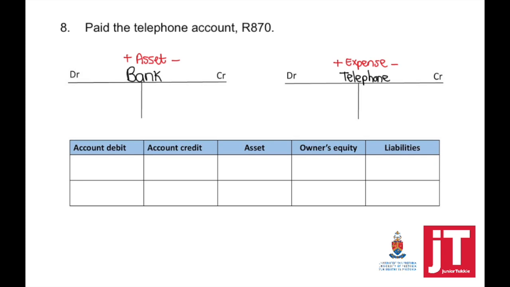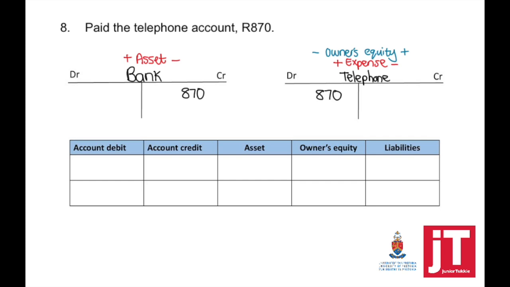So again, make sure that you understand your theory. Because if you don't understand it, then you're going to find the application of that very difficult. Remember, on our accounting equation, we need to identify the effect that our expenses will have on our owner's equity. So bank is credited, our assets will decrease.